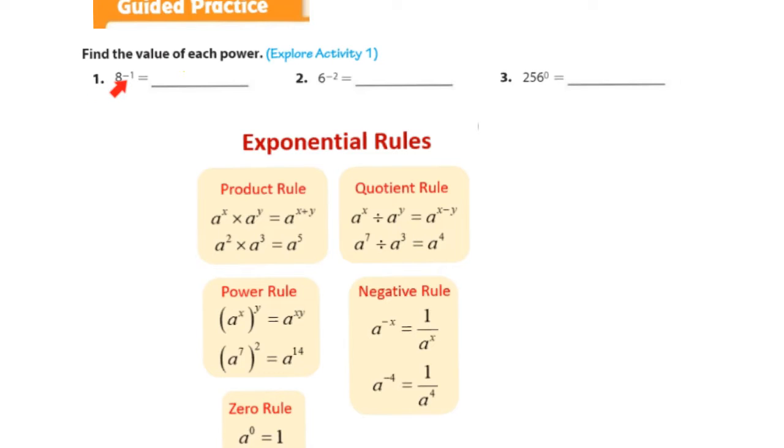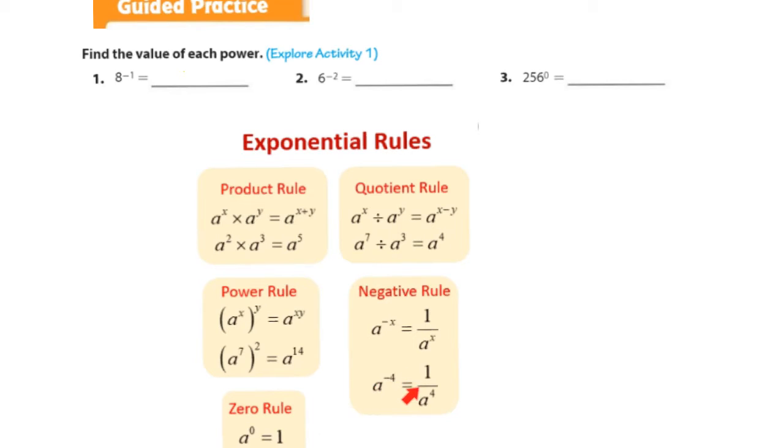8 to the negative first power. So I have a negative exponent. Looking through here, here's my negative rule. If I have something that's a negative exponent, they give me an example of how to write it, and then they give me a numerical example, and I can follow this along. So A would be the 8. Doesn't matter what the base is. It can be a letter, it can be a number.